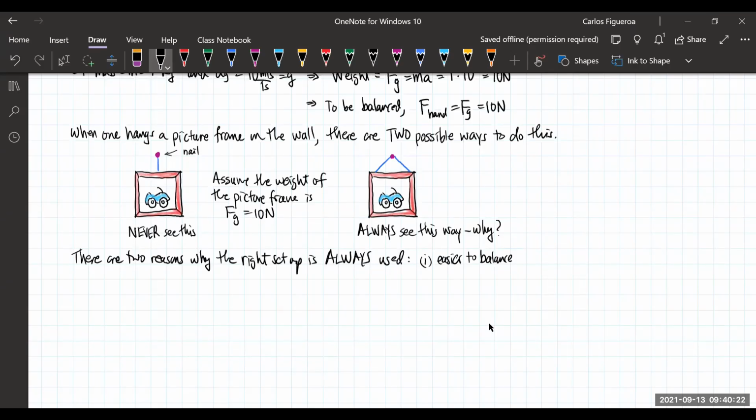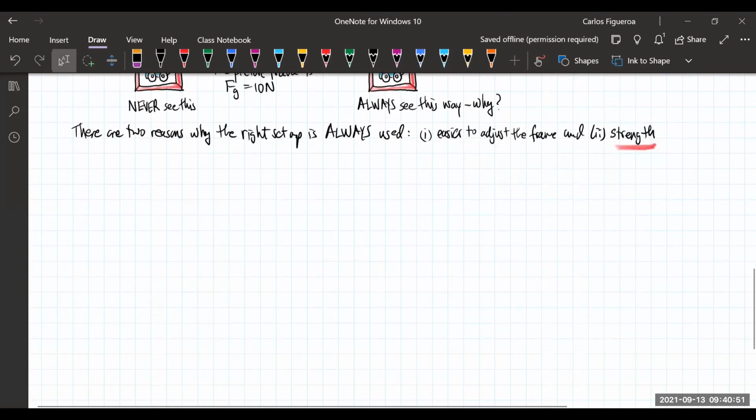Balance is maybe a bad word here. It's easier to adjust the frame. And the second one, believe it or not, is strength. Why do they set it up this way? Because of strength. So one, it's easy to adjust the frame so that you can make sure that it's nice and clean, or that it's hanging straight.